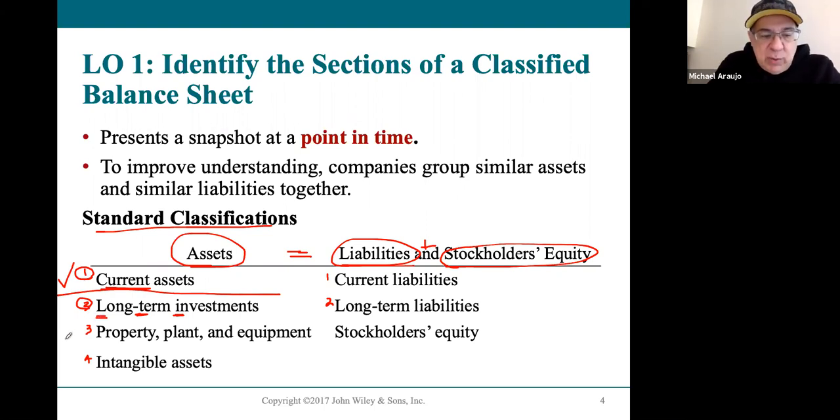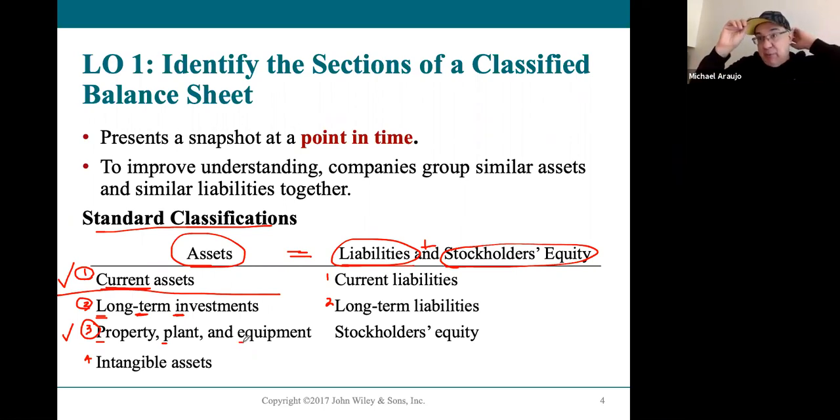What a lot of companies will have, as I said, actually all the other companies will have, is the third category. We call it property, plant, and equipment, or we actually shorten it, PPE. Property, plant, and equipment are physical long-term assets. So they include land and buildings and equipment.